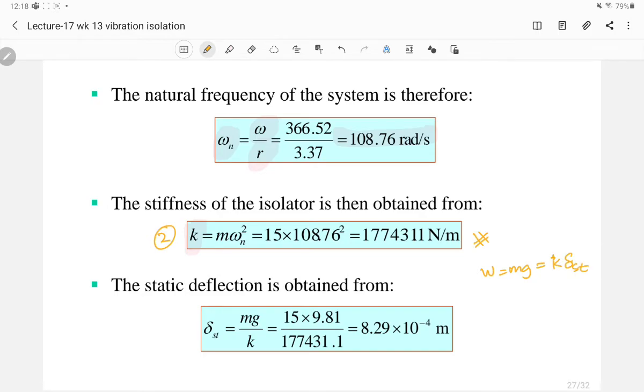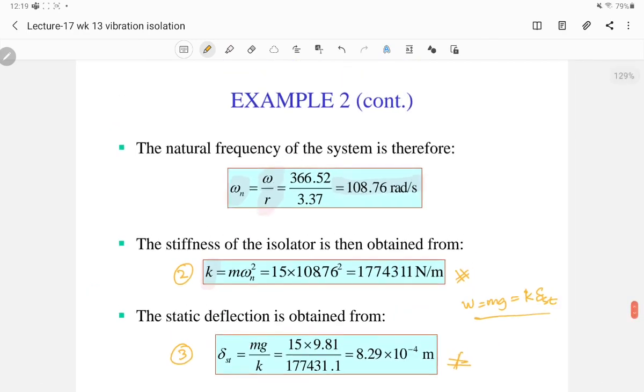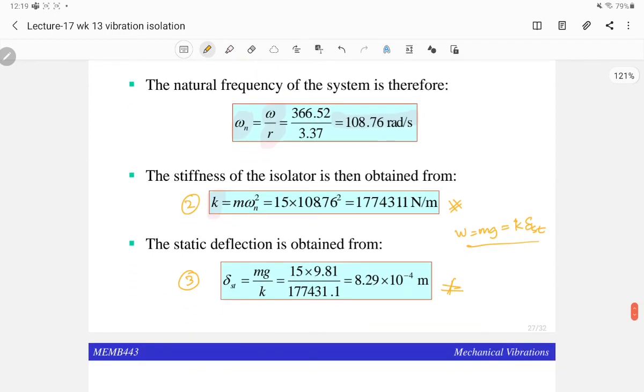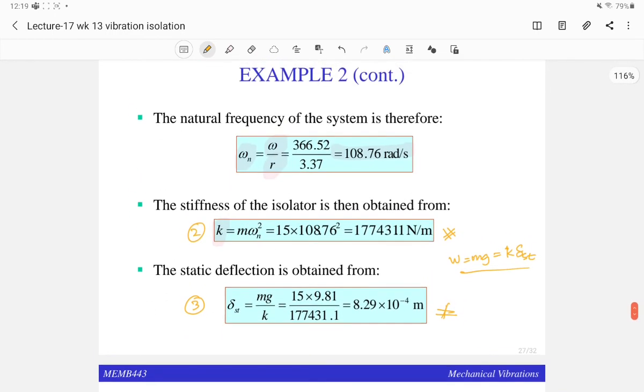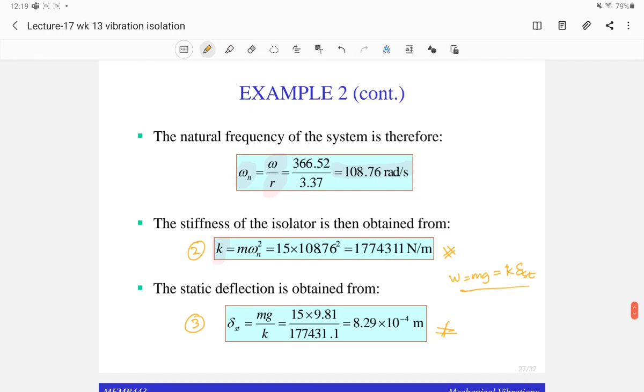If you remember this equation from the beginning of the semester, we use it to get the static deflection. So this is part 3 of this question. So easy peasy, you just use the transmission ratio equation, and based on the parameters given, you can find all those three pieces of information.